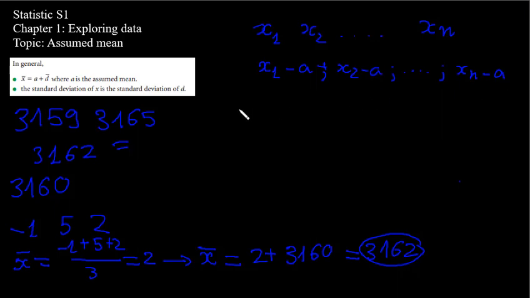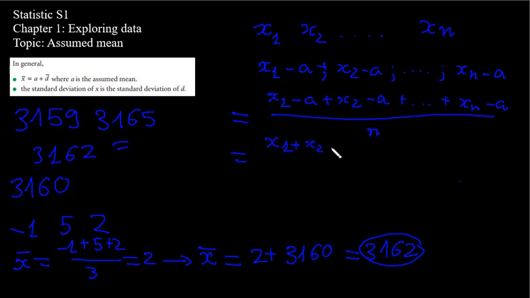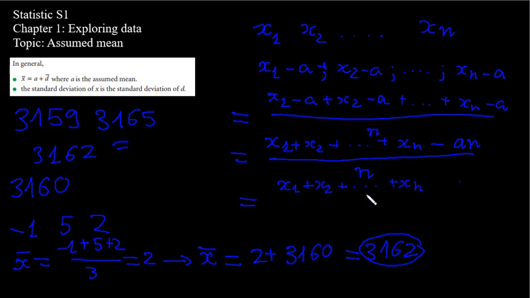Now we want to find the mean of this: x1 minus a plus x2 minus a plus up to xn minus a, over n, equals x1 plus x2 plus up to xn minus na, because we have n numbers of x, so we subtract n times a, over n, which equals x1 plus x2 plus up to xn over n, minus a.